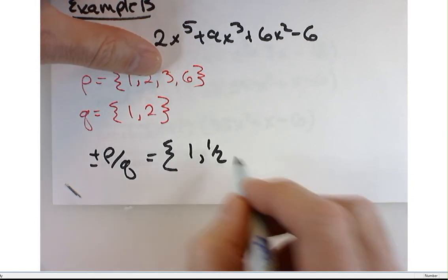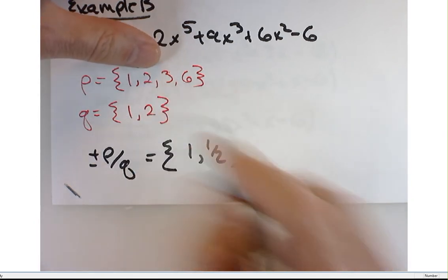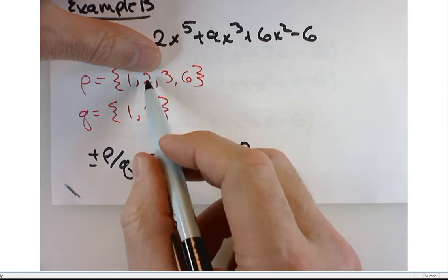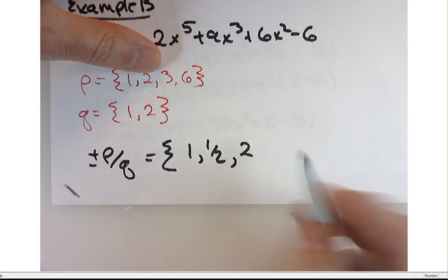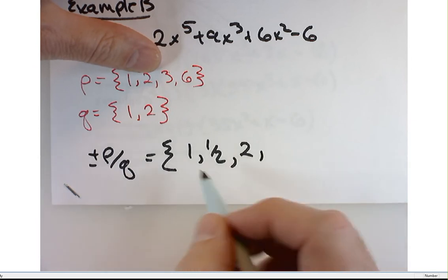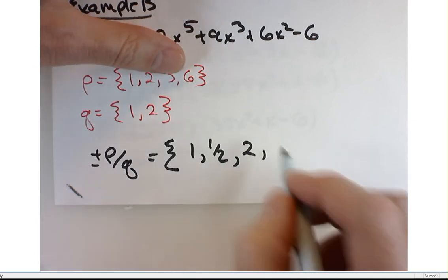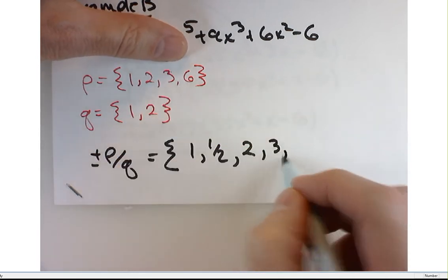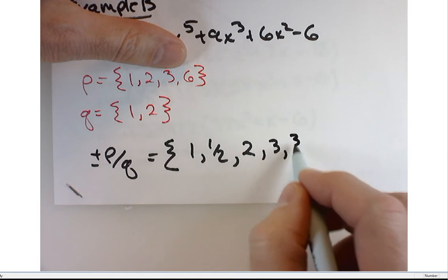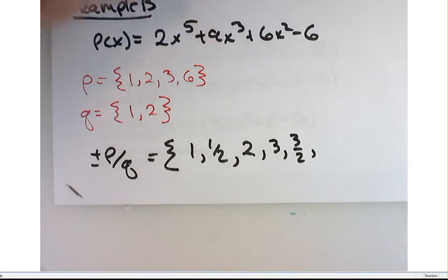Then move on to the 2. 2 over 1 is 2. Do I need to list 2 over 2? No, because I've already got that. 2 over 2 is 1. I've already got 1. Move on to 3. 3 over 1. And then 3 over 2. I need both of those.